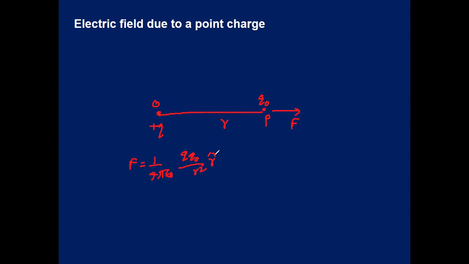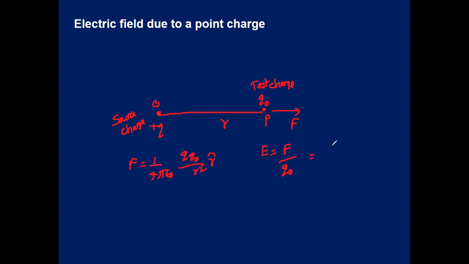Now, we need to find the electric field at point P. Plus Q is the source charge, and Q naught is the test charge. According to the definition, electric field E is equal to F by Q naught, where F refers to the Coulomb force.